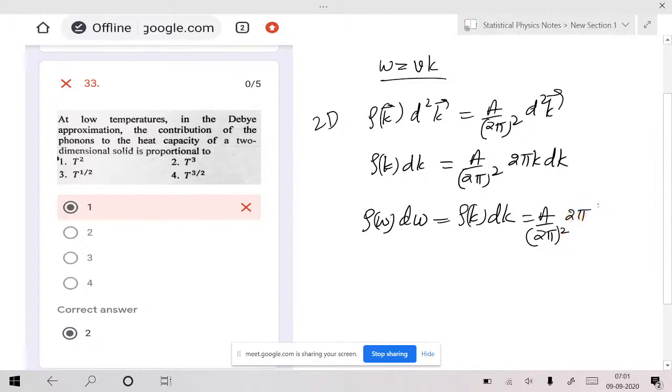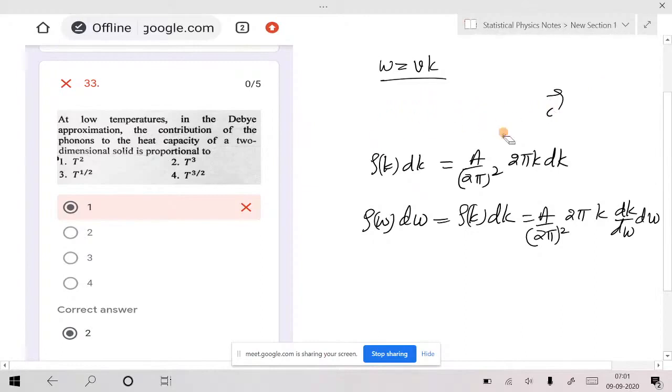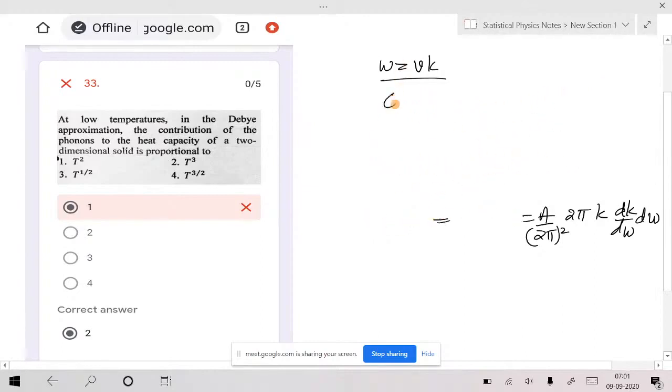Okay, 2 pi k dk by d omega into d omega, or I think you could have gone for the formula e power d by s minus 1. Again, I have given how density of state is proportional. It is better not to do this one, quite unnecessary. So E is equal to h bar omega.